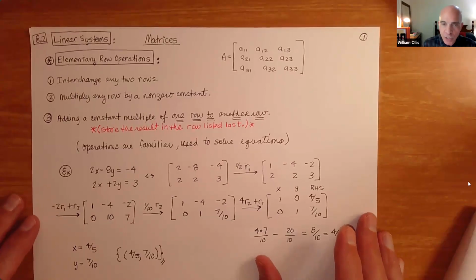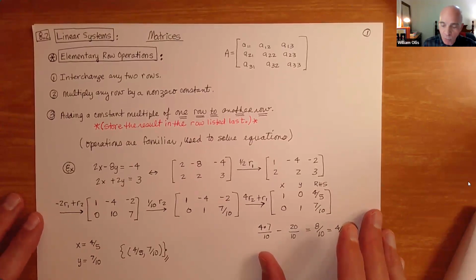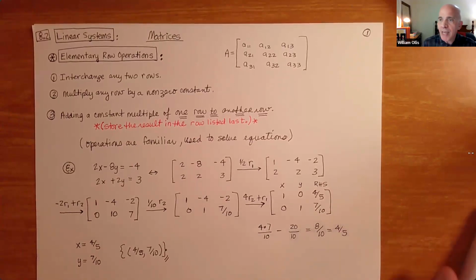Now, what I've done initially here is just talk about some of the ideas that we see when we introduce matrices. There are three operations with which you are already familiar. When it comes to solving linear equations, we utilize three techniques without even thinking about it.